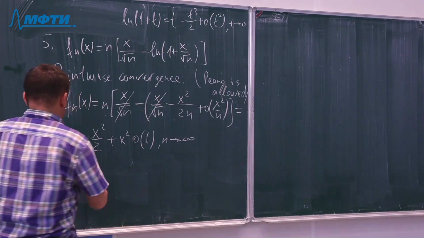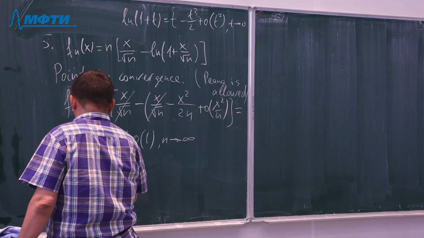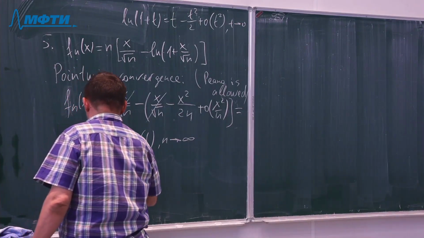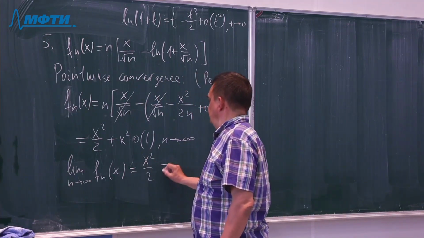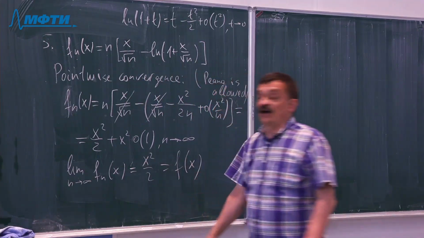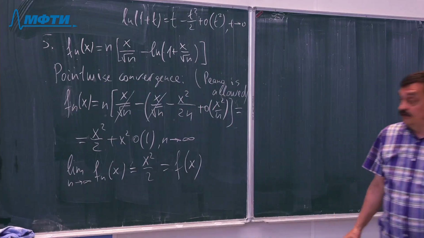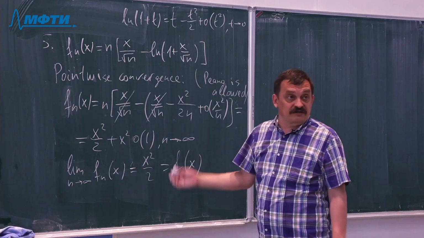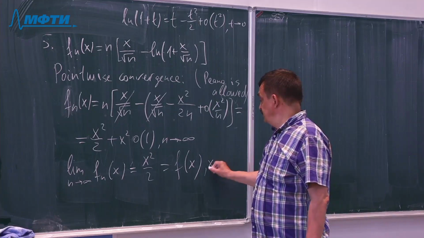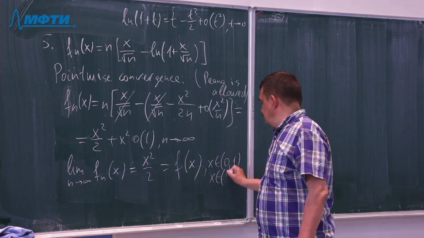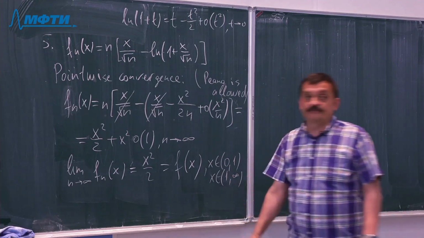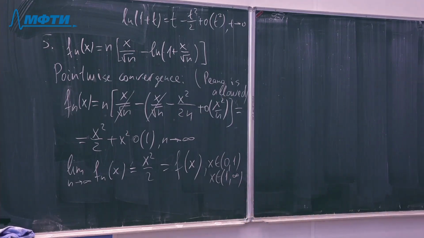So the pointwise limit we have found: x squared over 2, and that is the limit function f of x. That is true for arbitrary x, in particular x from 0 to 1 or x from 1 to infinity. So in both cases, we have pointwise convergence.